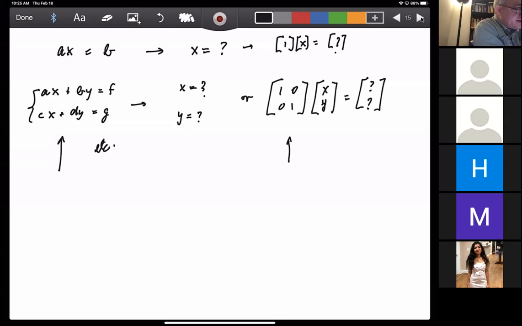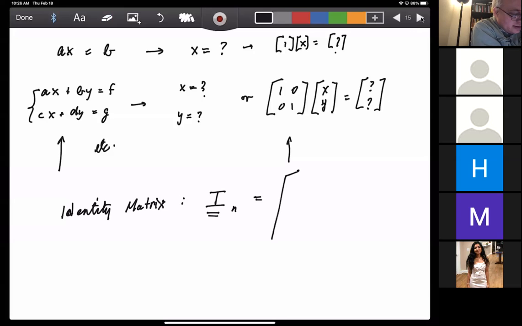And the coefficient matrix here has a special form. For now, we're talking about square matrices. The identity matrix, or rather there are many identity matrices, but we can say identity matrix sub n, is a matrix that looks like this.